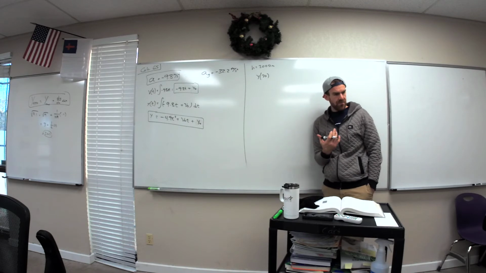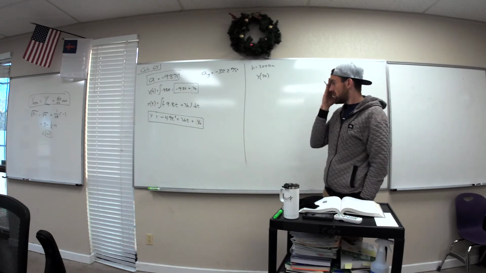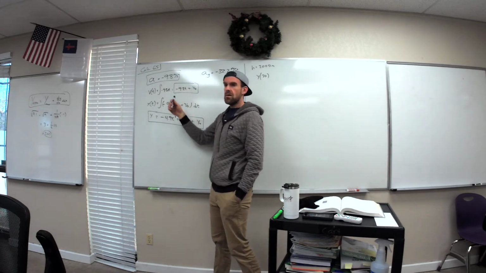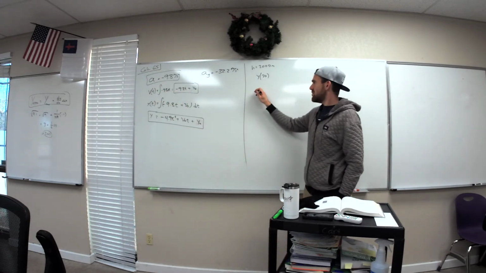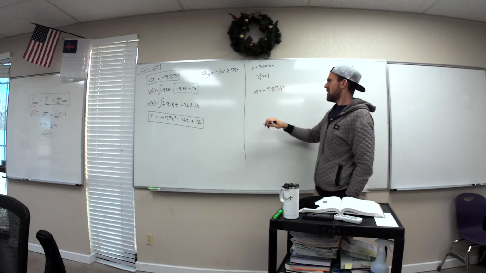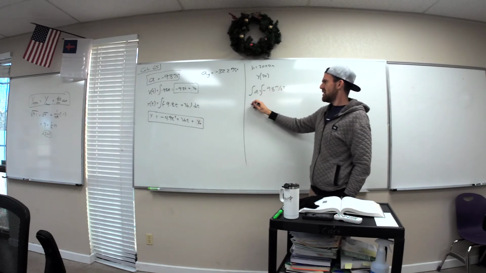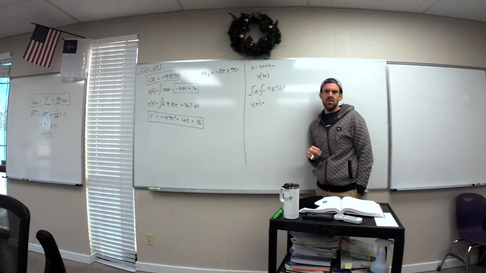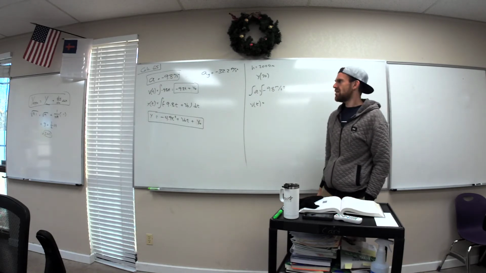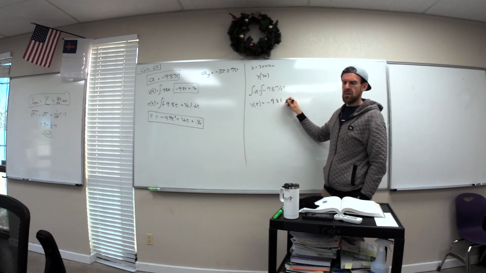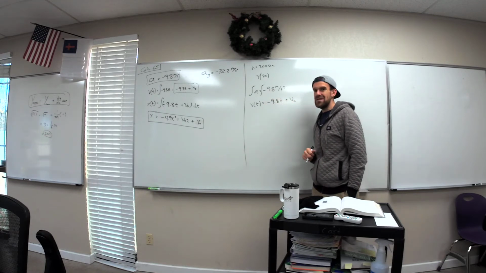How do I start? Well, we begin with the acceleration. Acceleration is negative 9.8 meters per second squared. If I integrate that, I get velocity at time t. What's the velocity function? Same as over there. What's our initial velocity if it is dropped?